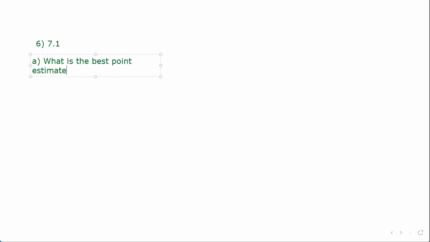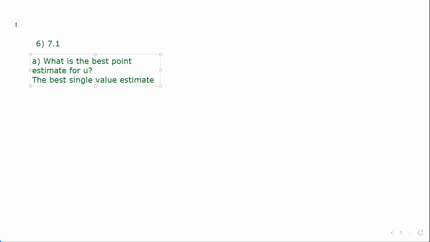The best point estimate for mu, which is the population mean, the best single value estimate, that's what that means when you see that. A point estimate is a single value.